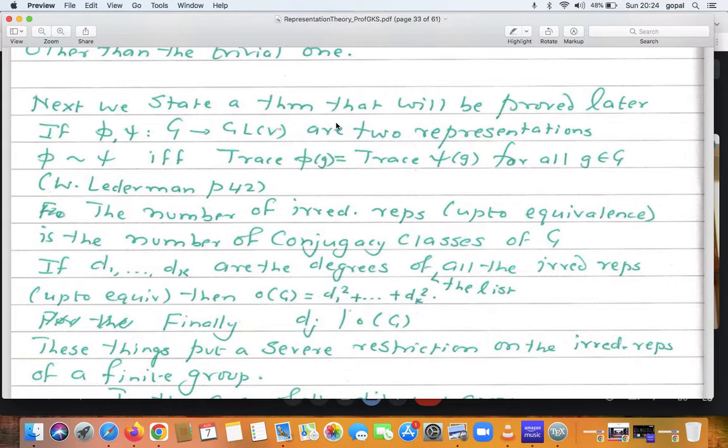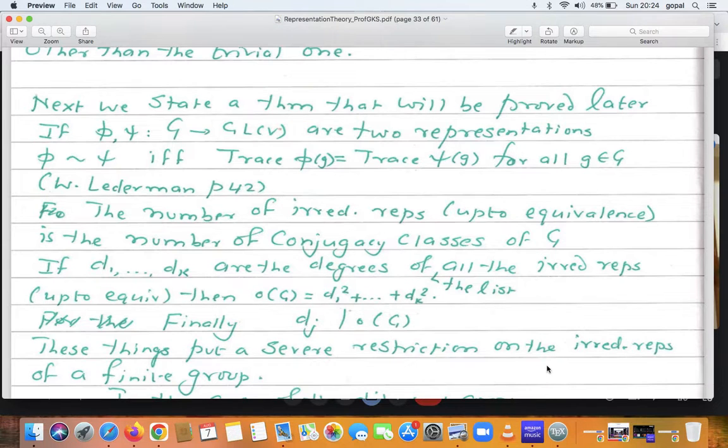The number of irreducible representations is equal to the number of conjugacy classes of G. If d1, d2, ..., dk are the degrees of all the irreducible representations up to equivalence, then the order of G is the sum of the squares of these. I'm stating a number of results which you're going to use later on. And finally, the degree of the representation must divide the order of the group. These things put a severe restriction on the possible irreducible representations of a finite group.